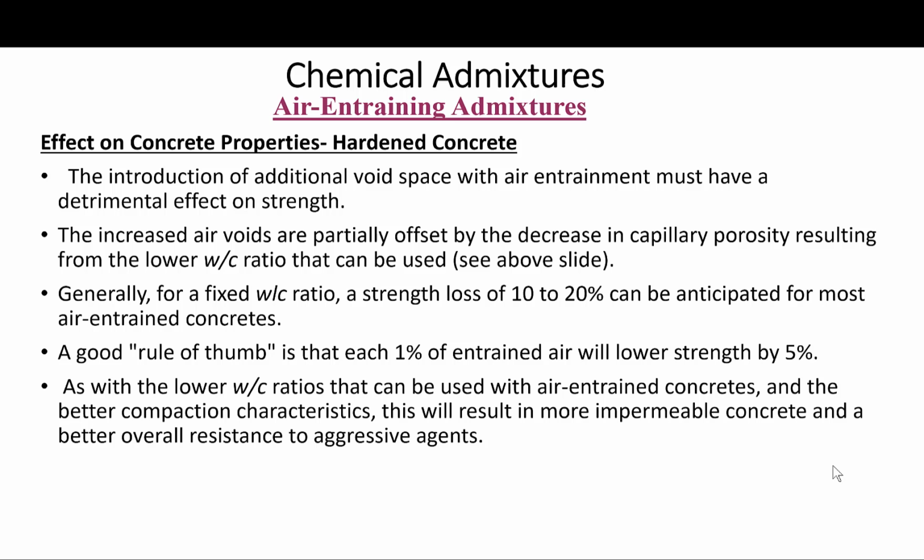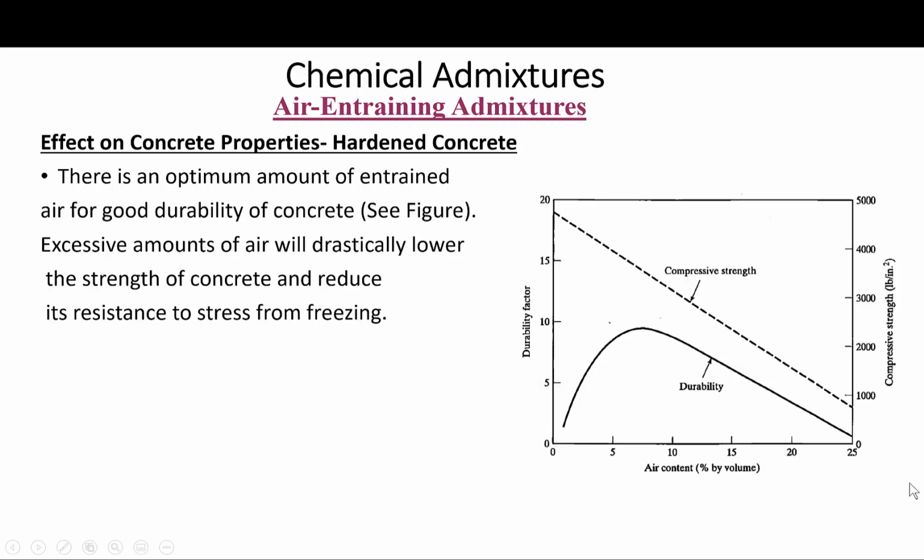Okay, so those are the interrelated characteristics or properties of concrete and how these parameters can be adjusted to account for the addition of one or more admixtures. As you can see here, as I mentioned, there is an optimum amount of entrained air for good durability. Excessive amounts of air will drastically lower the strength of concrete and reduce its resistance to stress from freezing.